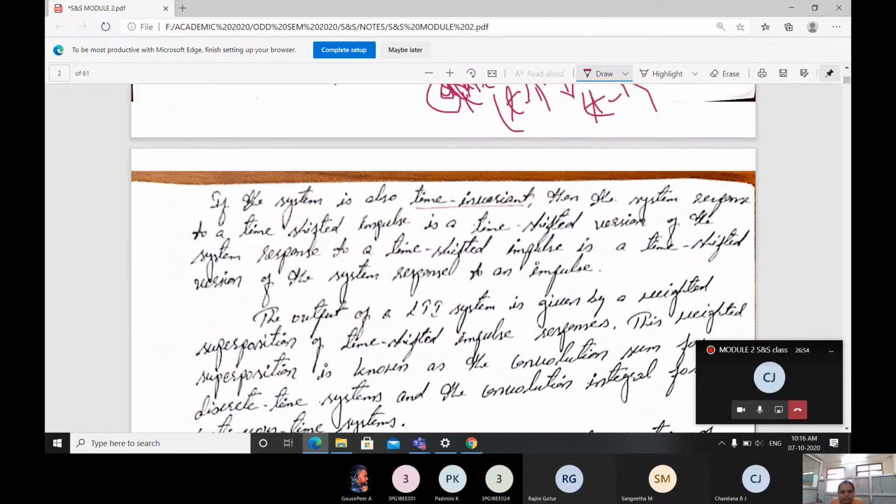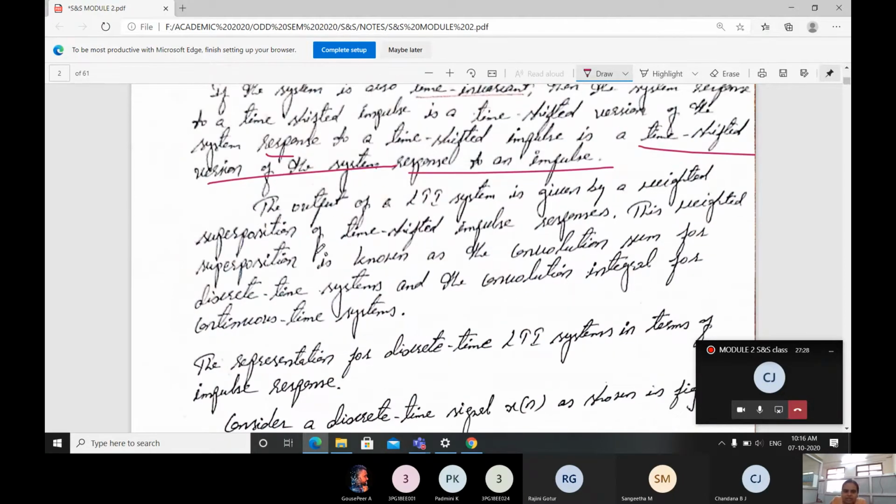Then if the system is also time invariant, then the system response to a time shifted impulse is a time shifted version of the system response. Time invariant means it should satisfy that the response to the time shifted impulse is the time shifted version of the system response to the impulse.